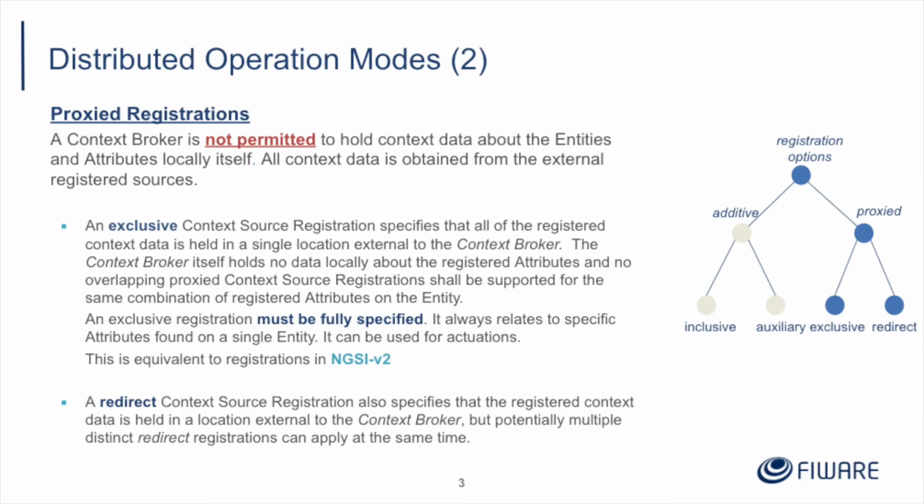In this case, you can set up a redirect registration, which means that the context broker at the top of the hierarchy has got no data. The context broker at the top just says, well, whenever you ask for animals, I'll ask someone else. And therefore, whenever I do a post to create an animal, let's say, it will say, I can't deal with this. I need to push this down further in the system.